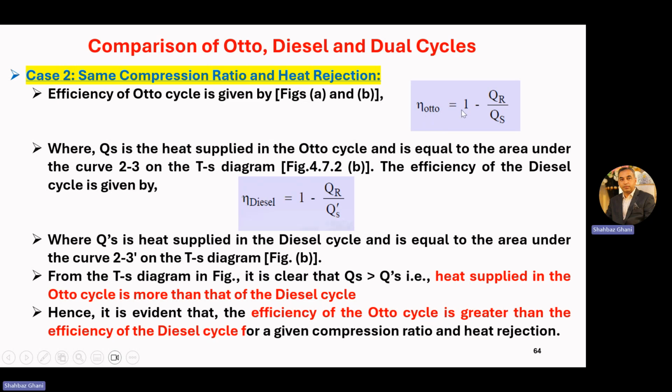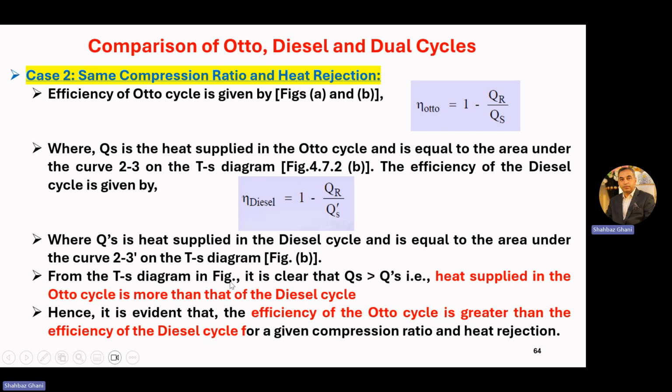Efficiency of the Otto cycle is equal to 1 minus QR over QS, where QS is the heat supplied in the Otto cycle and is equal to the area under the curve 2 to 3 on the TS diagram. The efficiency of the diesel cycle is 1 minus QR over Q bar S, where Q bar S is the heat supplied in the diesel cycle and is equal to the area under the curve 2 to 3 bar on the TS diagram.